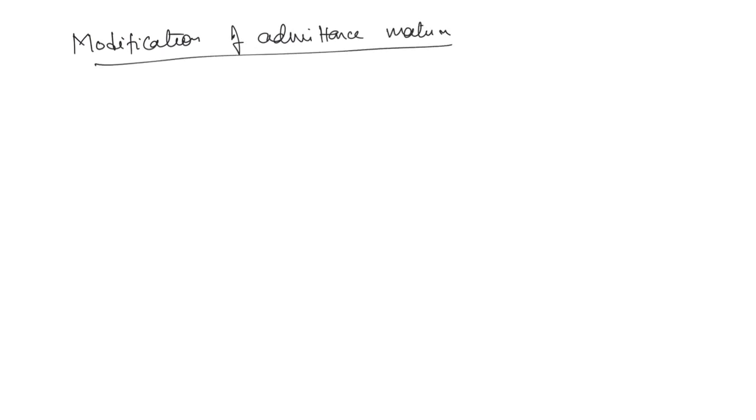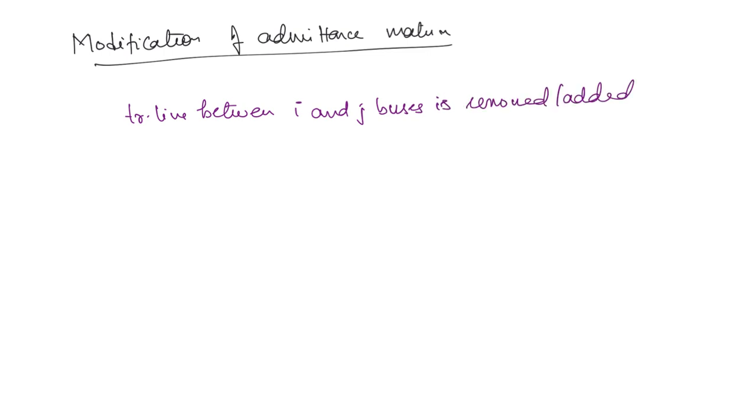One more topic here is the modification of the admittance matrix. So how to do that? Let us say the transmission line between buses i and j is removed or added. Okay. So what is going to change? Small yij is the only admittance that changes.